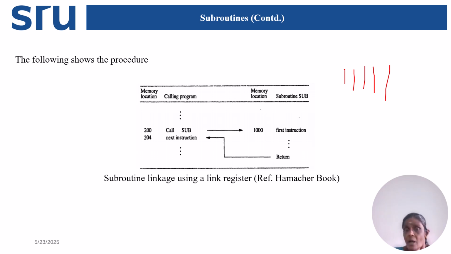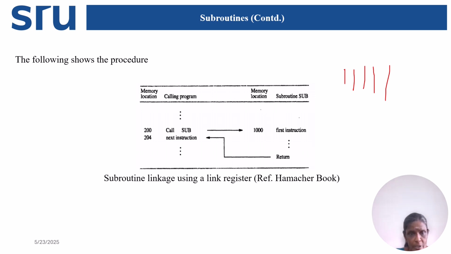Already I told you that. That is why the address will not change from 200 to 201. It will step by 4. So 200, 201, 202, 203, and after that 204, because of 4 bits.